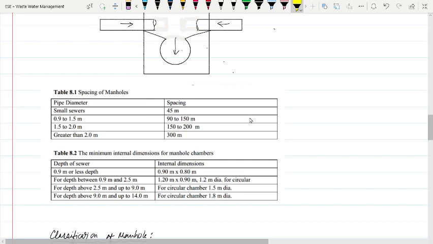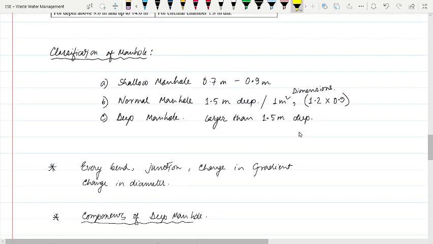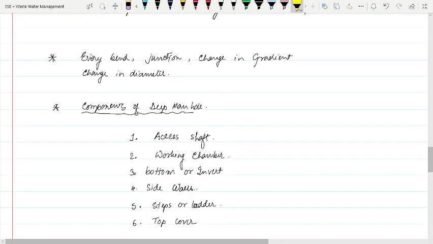That is why we have greater spacing of manholes. Considering the classification of manholes, there are three types according to their size: shallow, normal, and deep manholes. Deep manholes are those larger than 1.5 meters deep, a normal manhole is 1.5 meters deep, and shallow manholes are 0.7 to 0.9 meters. As I already told, at every bend, junction, change in gradient, and change in diameter, we have to provide a manhole.